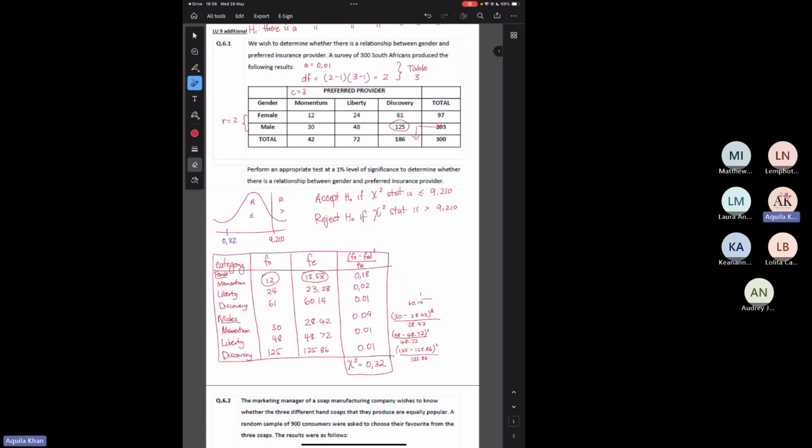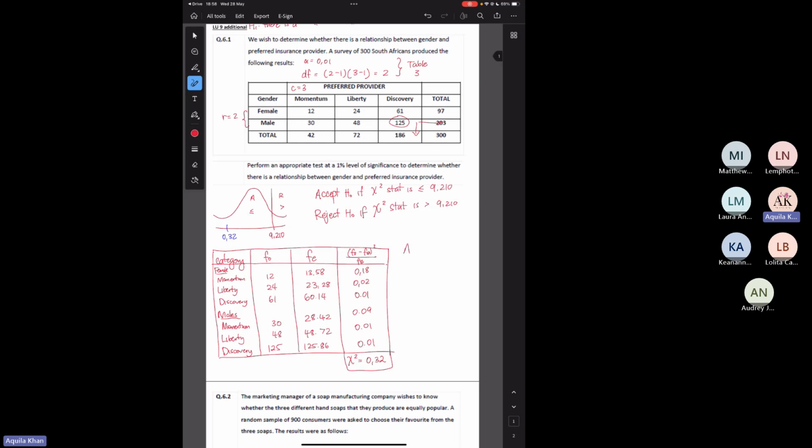So I'm going to need to remove this for your conclusion. Okay, so for your conclusion, you're going to say that you immediately accept the null hypothesis, and then you need to elaborate.